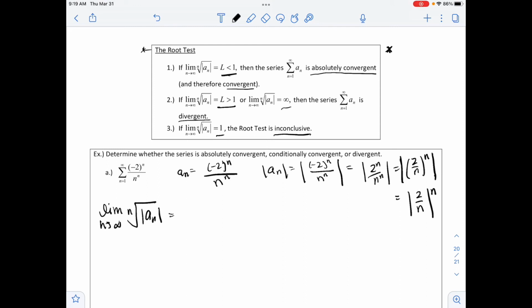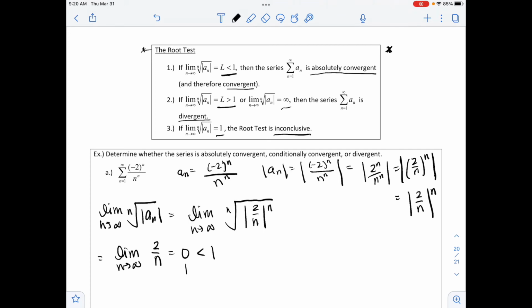For this problem, we have the limit as n approaches infinity of the nth root of a sub n, and a sub n is going to be the absolute value of 2 over n to the nth power, which simplifies to just 2 over n, which would equal 0 as you take that limit, which is less than 1.